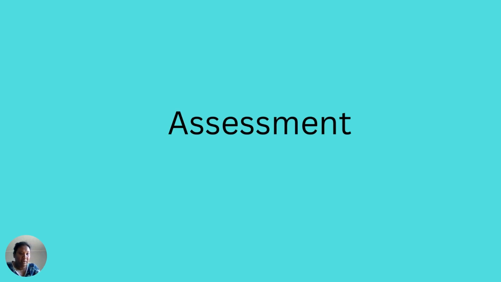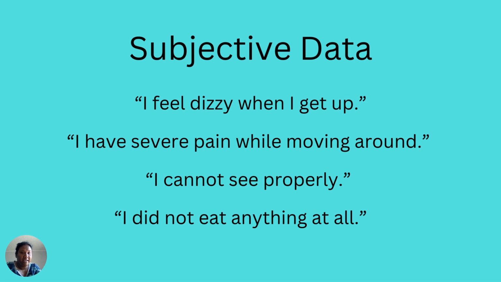In the assessment, you have two data collections. One is the subjective data and the other is the objective data. In subjective data, you collect what the subject tells you. So in case of risk for fall or risk for injury, you will probably not be writing where the patient tells you that she or he is going to fall. They never do that, all right?